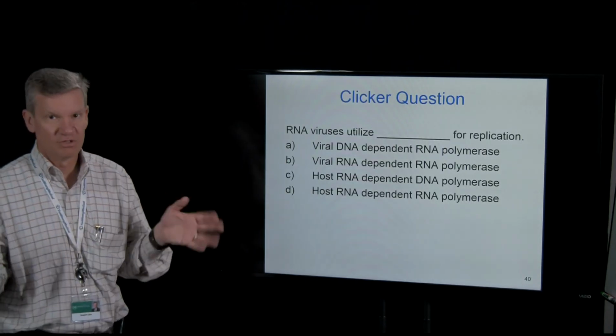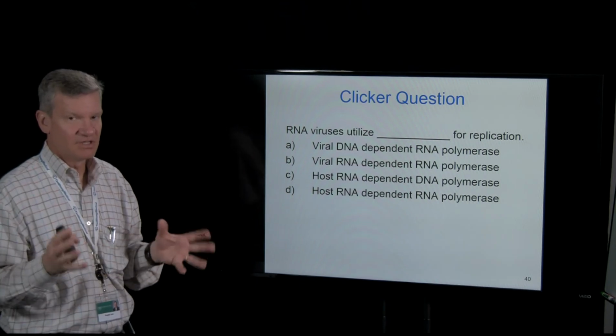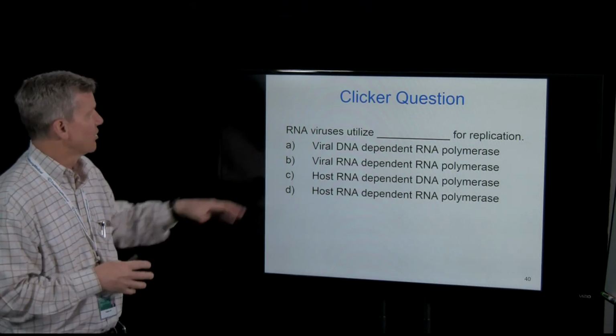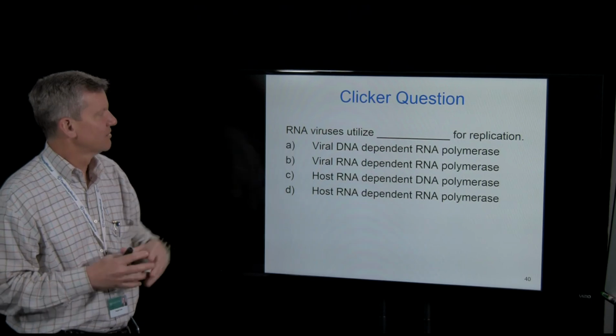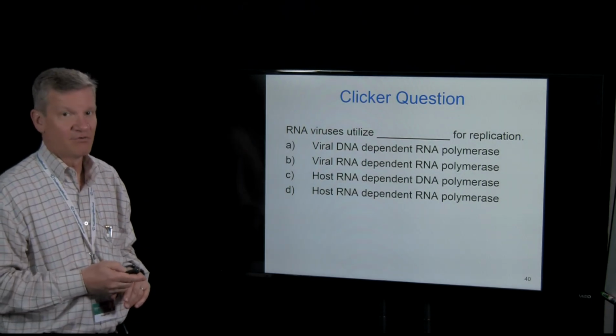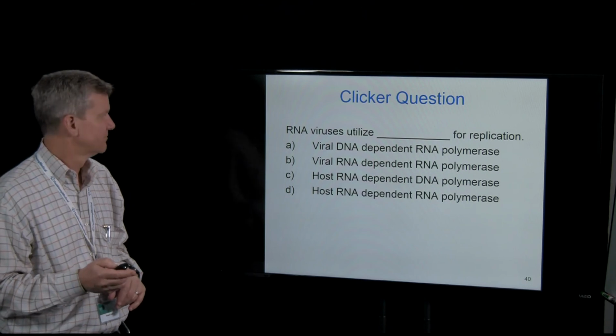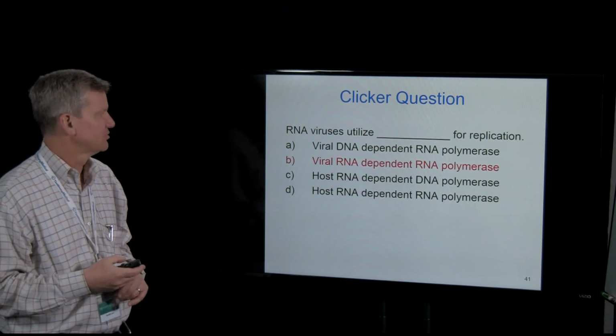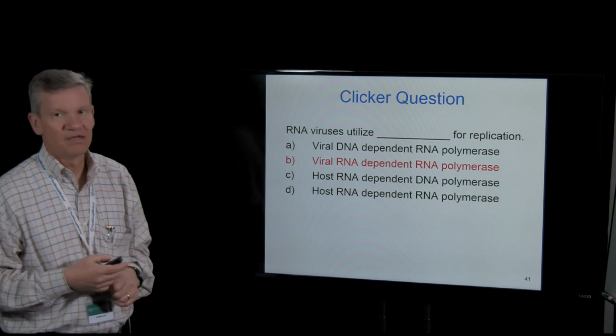Okay, last clicker question in the last slide here. RNA viruses utilize blank for replication. Go ahead and stop the video and figure out the answer. The answer is a viral RNA-dependent RNA polymerase.